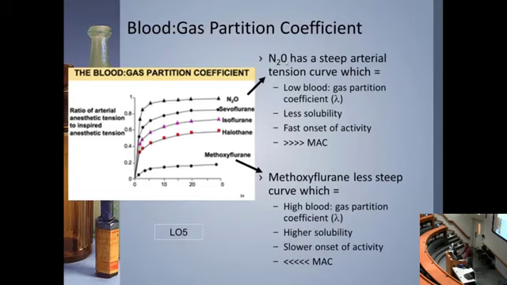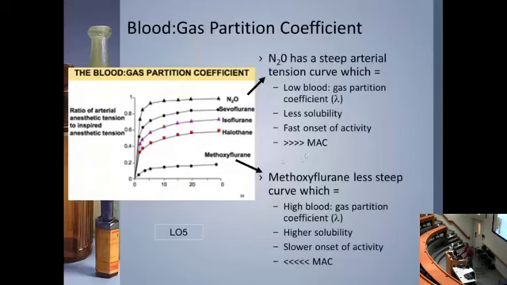Nitrous oxide has a really steep arterial tension curve, and what does that translate to? It's got a really low blood-gas partition coefficient, as demonstrated by the Greek letter lambda. It's less soluble. It has a fast onset of activity, which is why it's most often used as an induction agent, and it's got a very large MAC.